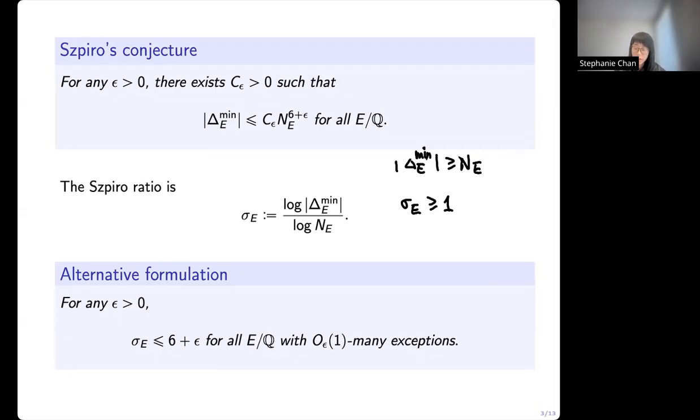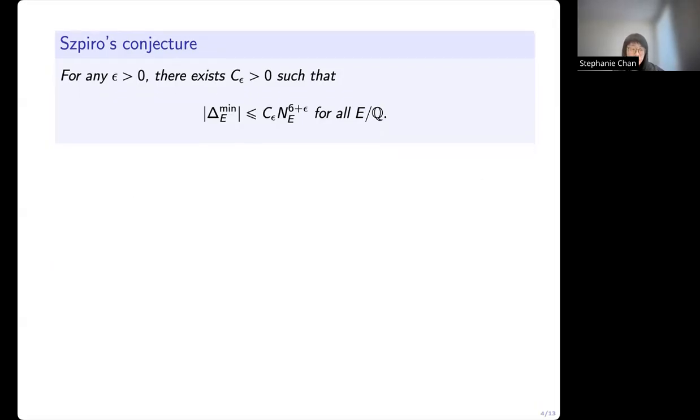All right, so this is Szpiro's conjecture. There's a conjecture that is closely related to Szpiro's conjecture, which is the ABC conjecture.